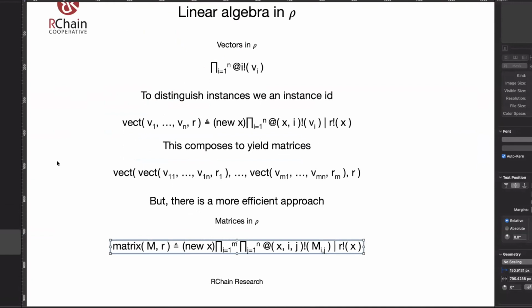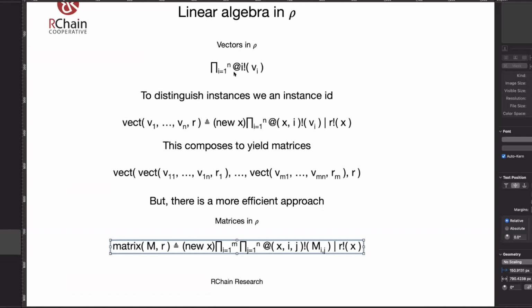So if we want to represent linear algebra in Rholang, vectors are obvious. We might first start with something like this. So at I, we put the ith value of the vector.